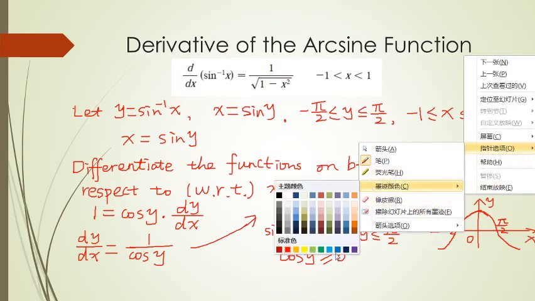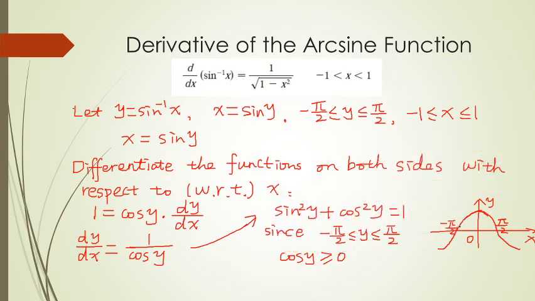Let me show you a different color. So when the independent variable, I'm not going to call it y or x, you can call it t, okay? When my t is between minus pi half and pi half, cosine t should be greater than 0, right? When my t is between minus pi half and pi half.